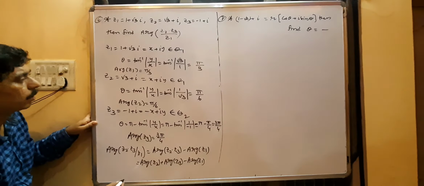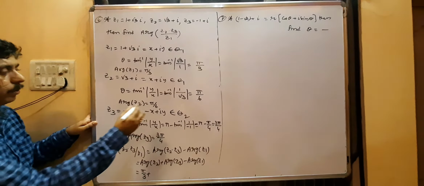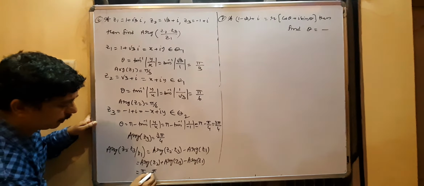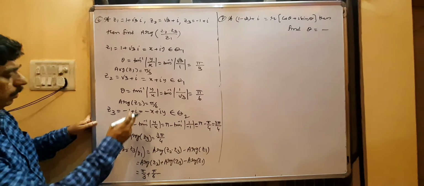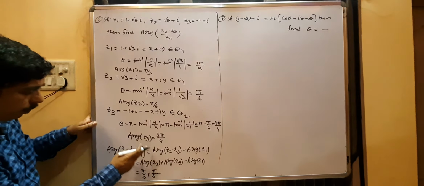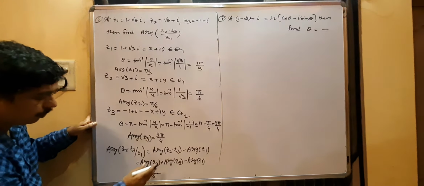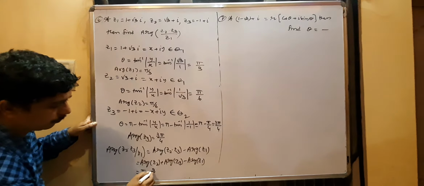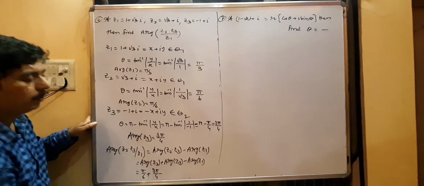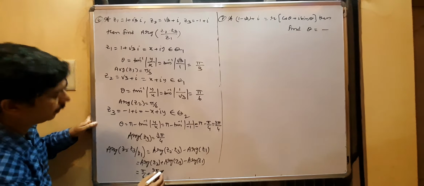Substitute the values. Argument of z1 is pi by 3. Z2 value, what is the z2 value here? Pi by 6. Z3 value is 3 pi by 4. Minus z1 value is pi by 3.